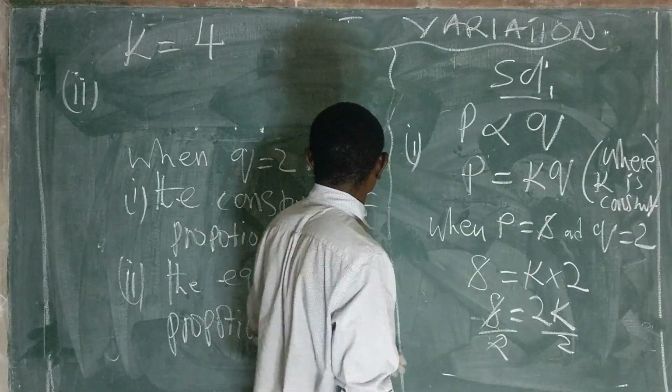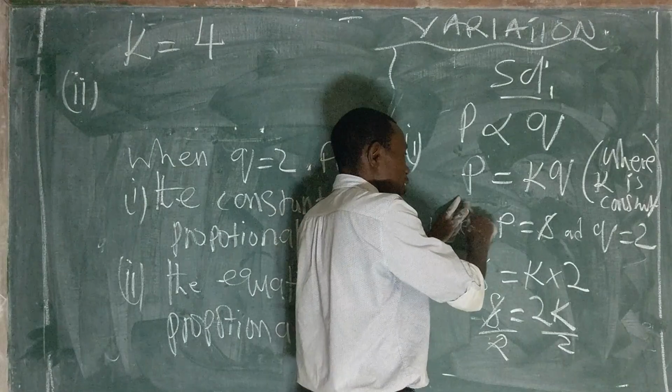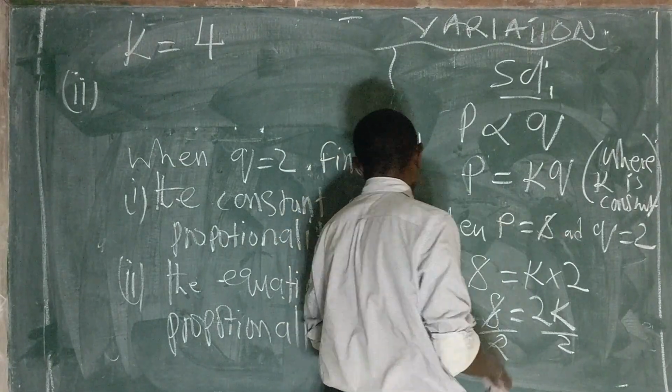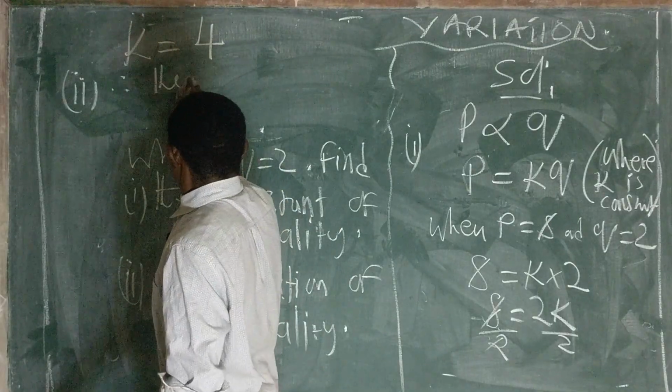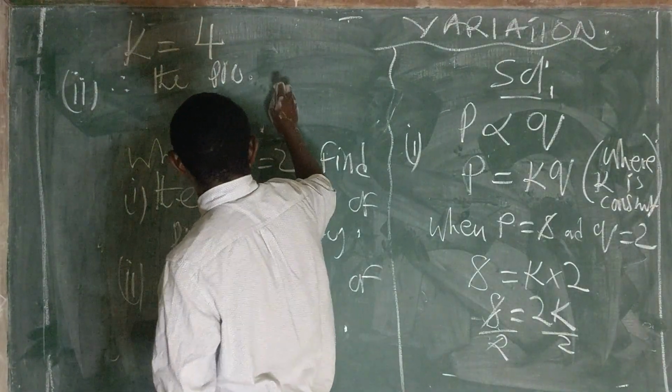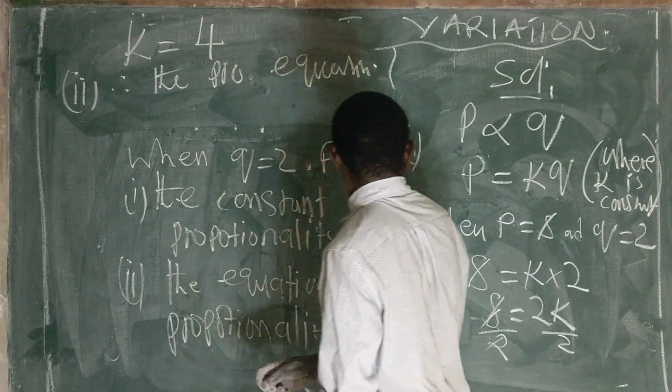So this time that now we know the value of the constant, we are there now to make this one complete, such that we are going to respond to this question by saying, therefore, the proportionality equation will be what?